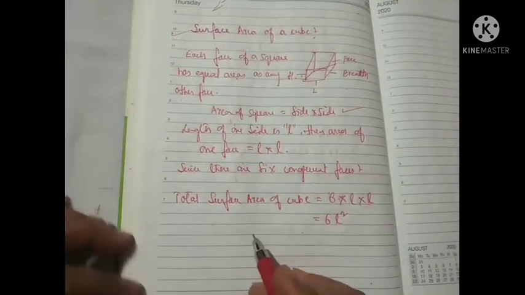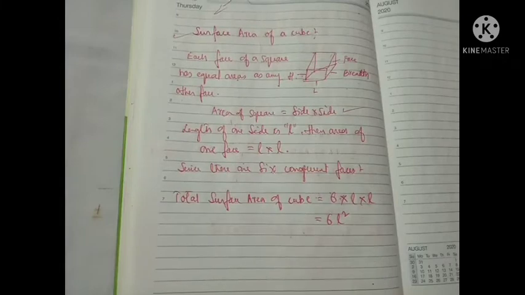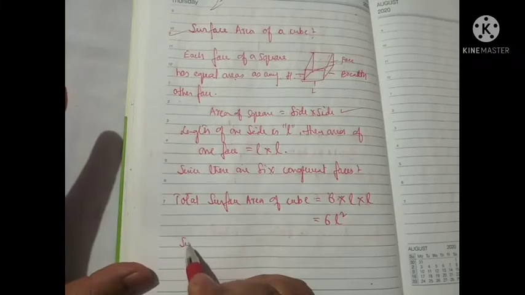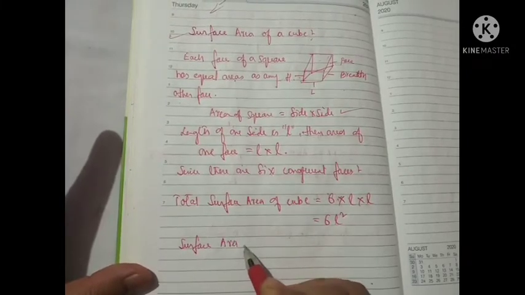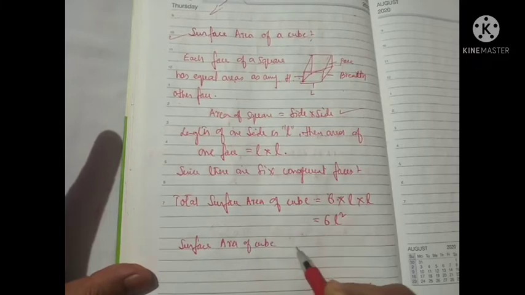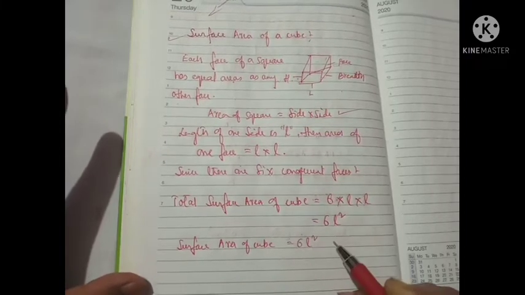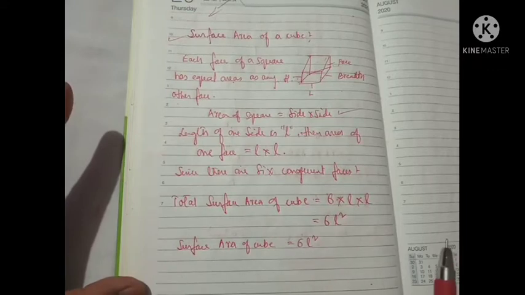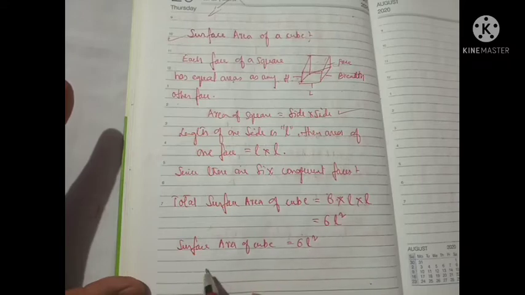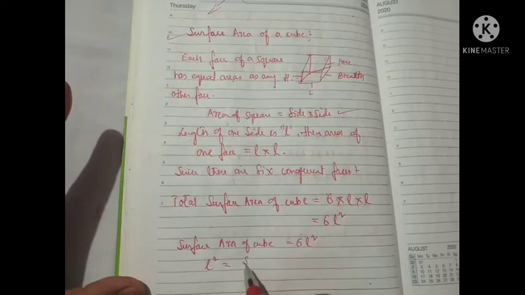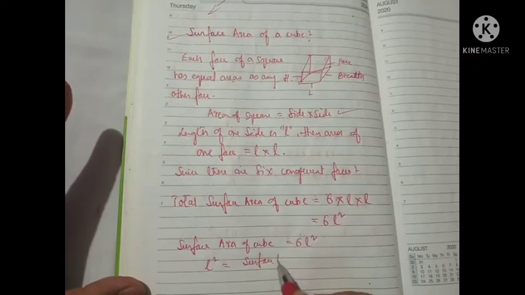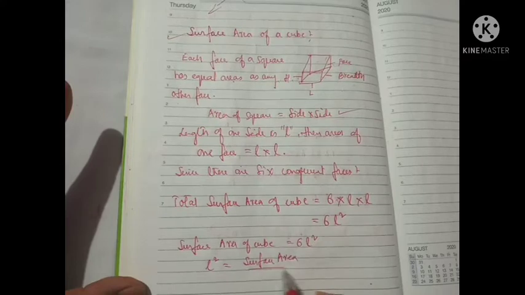And again, if you want to find out the length of the given cube, then what will be the formula? See, surface area of a cube is equal to 6L squared. If you want to find out only the length of a given cube, then L squared is equal to surface area divided by 6.